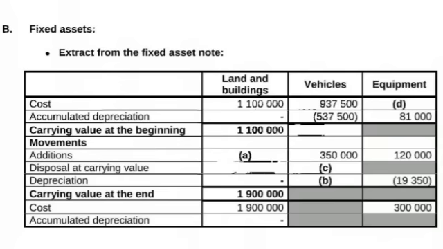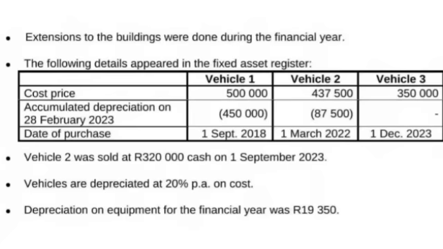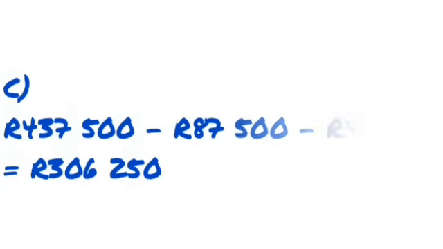And then C wants us to calculate the disposal at carrying value for vehicles. So this would be the disposal of vehicle 2 that was sold. So we want the carrying value of only vehicle 2. So vehicle 2, you see there that it had a cost of 437,500 and an accumulated depreciation of 87,500. Then we are also going to minus the depreciation that we just calculated of 43,750.